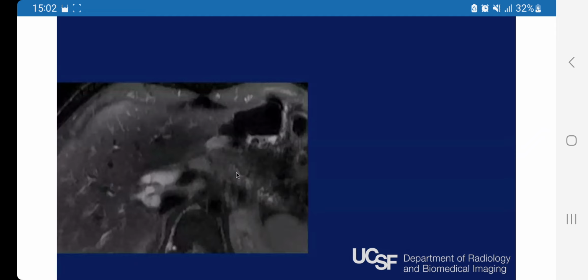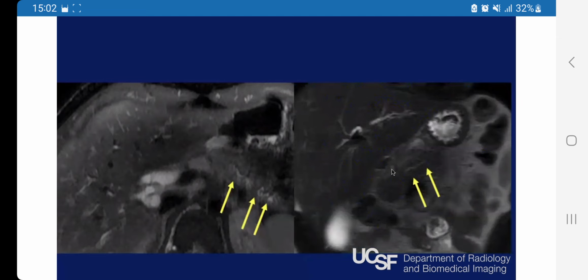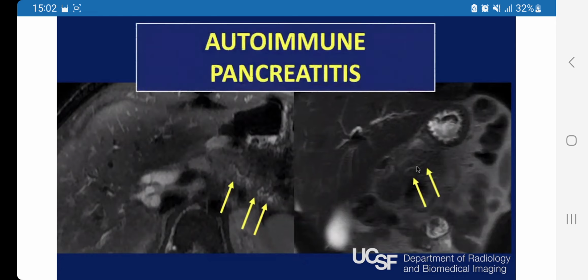We do an MRI, and we see there is a mass-like area here at the head, but the duct is a little bit irregular, though not too much dilated. If this was a PDAC, we would have expected something like 1 centimeter of duct dilatation. However, even further distally, the duct appears to be normal in caliber.